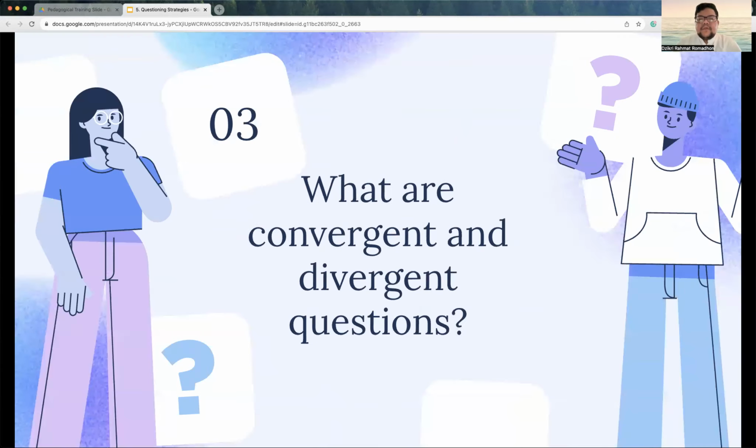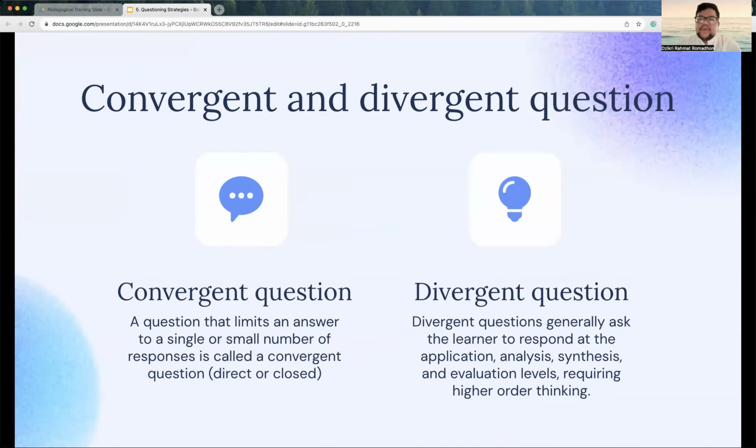And then we also defined convergent and divergent questions. Convergent questions are focused on lower order thinking, and usually ask about recalling, where there are some expected answers and a limited number of answers available.